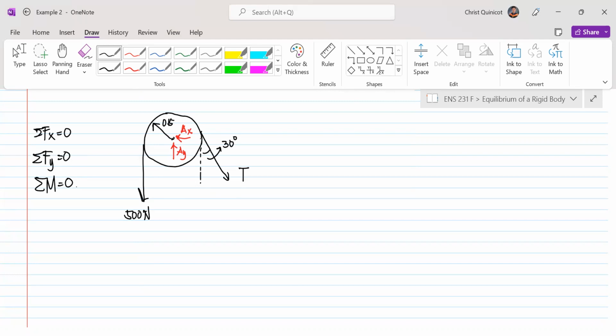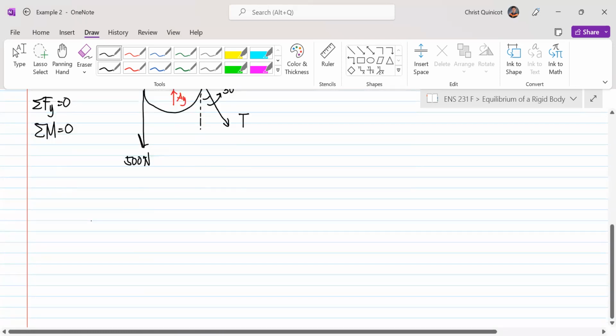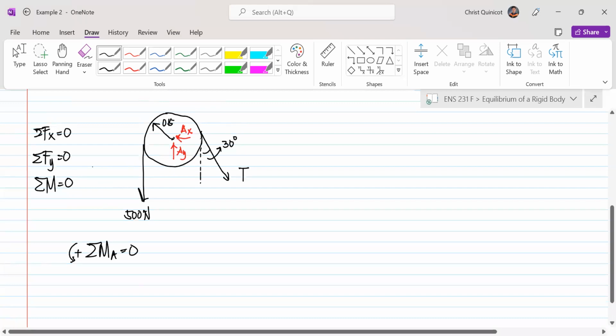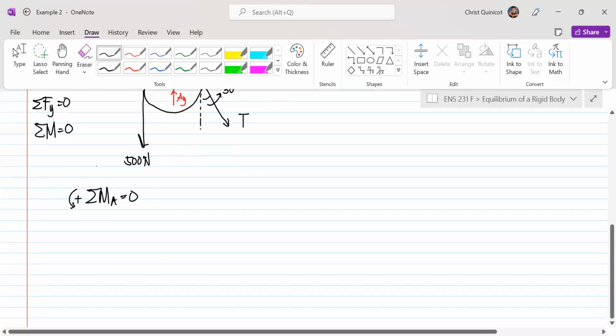So the next best thing is we do moment summation at our point A. Summation of moment about A is equal to 0, assuming counterclockwise is positive. That means our 500 Newton is counterclockwise while our tension is clockwise.